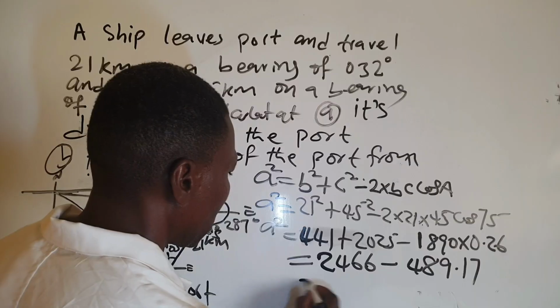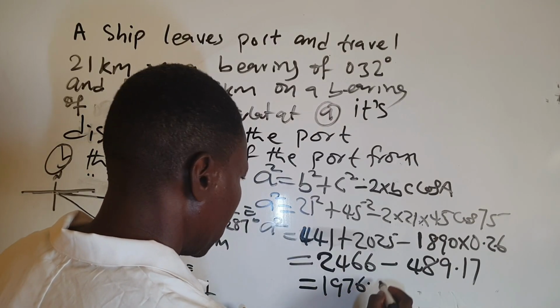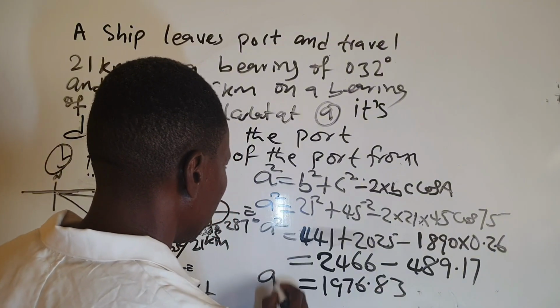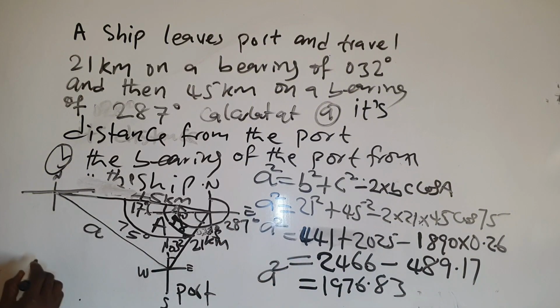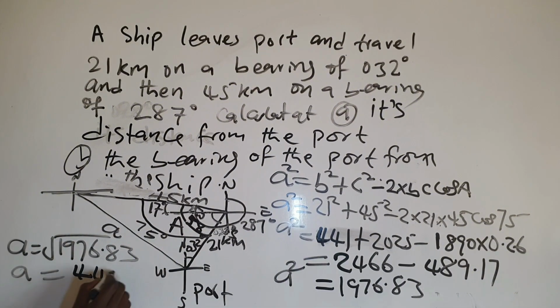When we subtract, we now have 1976.83. Taking the subject of formula, we now have A equals to square root of 1976.83. And when we find the square root, what will be the final answer now? 44.5 kilometers. So here now will be 44.5 kilometers. Okay, that's how to solve for the distance.